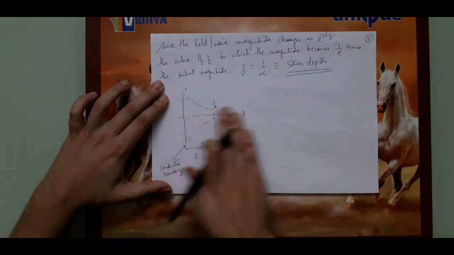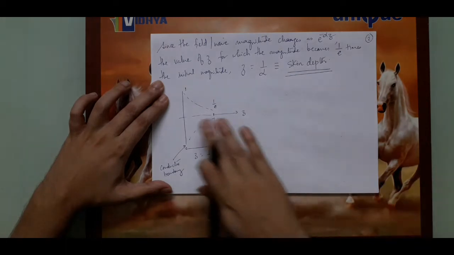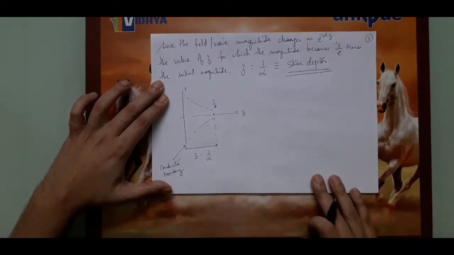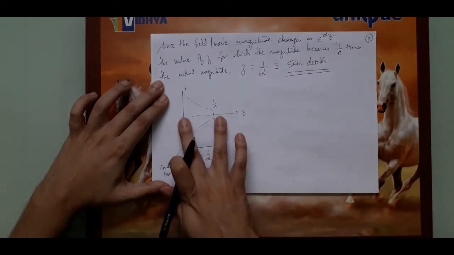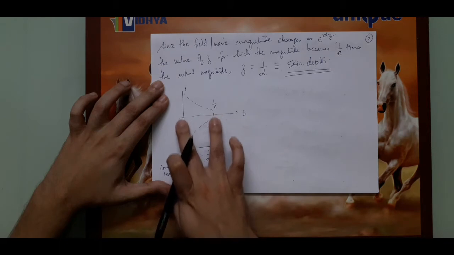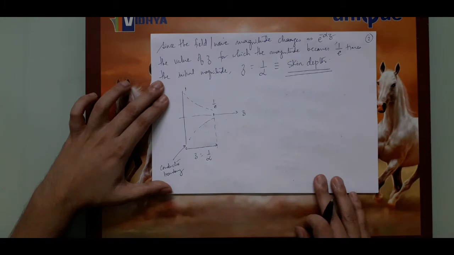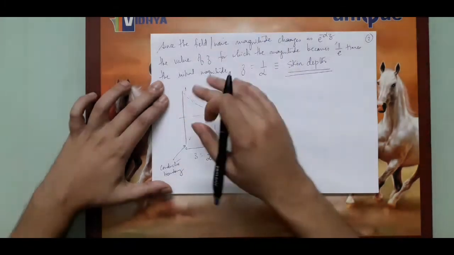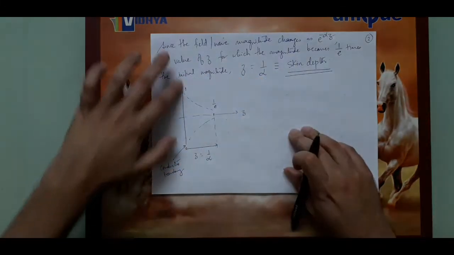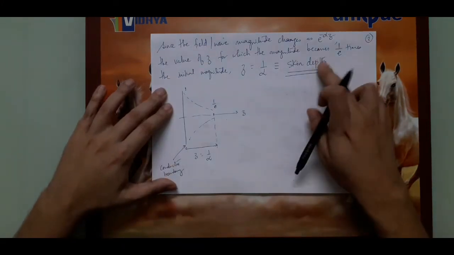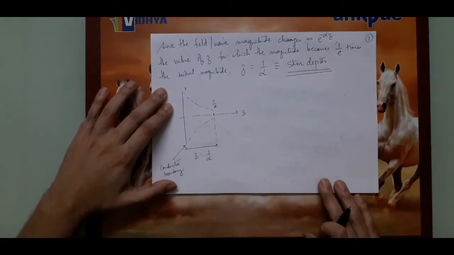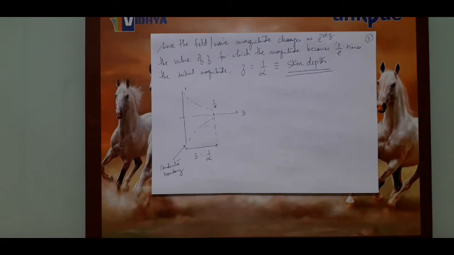Because if you assume the medium is infinite on this side, that is z can tend to infinity, most of the field or the wave gets limited to very near the boundary of the medium. The wave energy essentially dissipates near the skin or the boundary of the medium. Therefore this depth is called the skin depth. It gives an idea of how much the wave is able to penetrate into the medium.